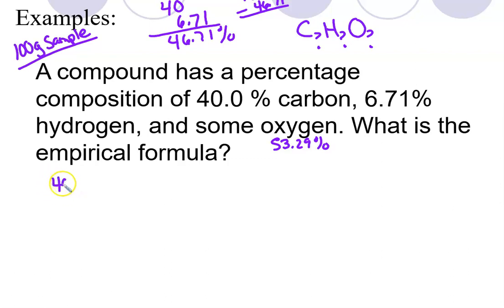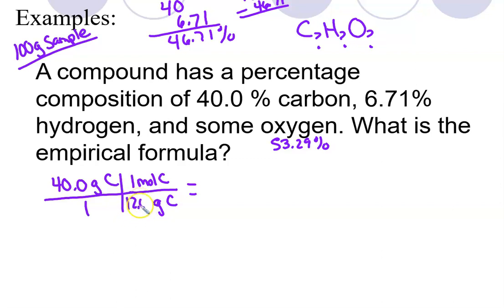So I'm going to take 40 grams of carbon, and I'm going to convert it to the mole. And by now, we should be able to know that grams of carbon would go down. 1 mole of carbon would go on top. We're not using Avogadro's constant because it's grams, so we use the molar mass off the periodic table, and that would be 12.01. So this is not going to be our end answer.